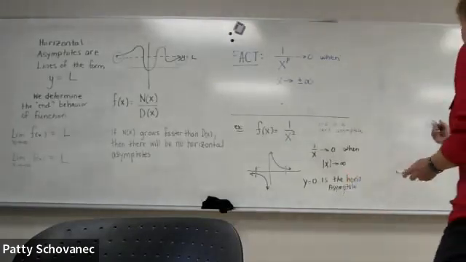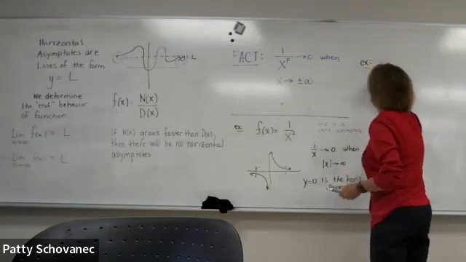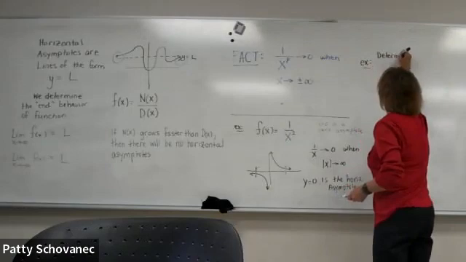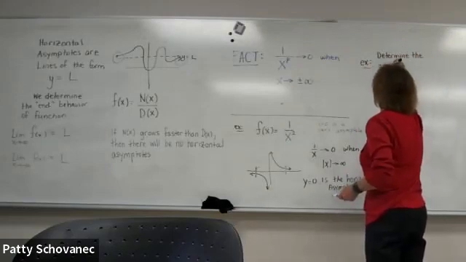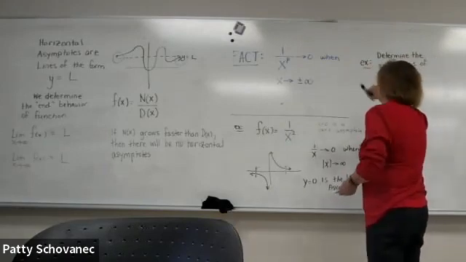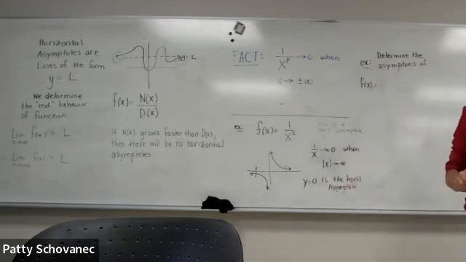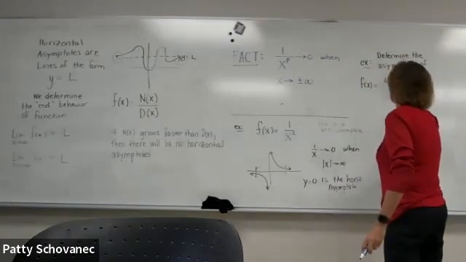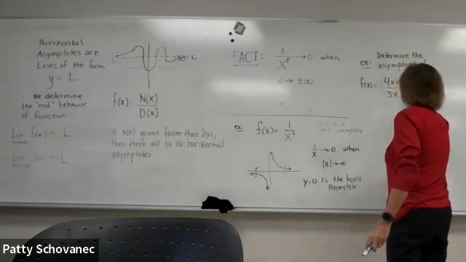So let's look at something like this: 4x plus 2 over 3x minus 5.